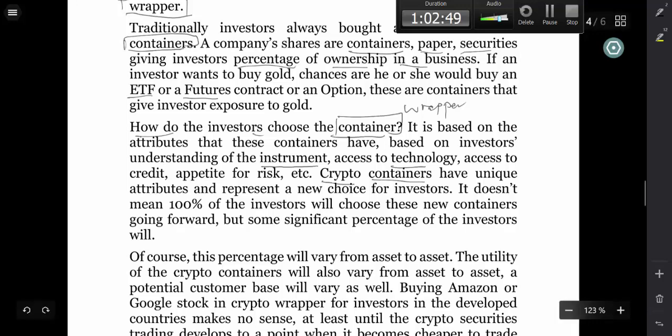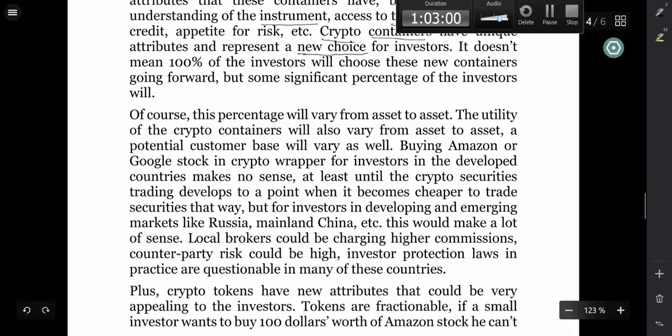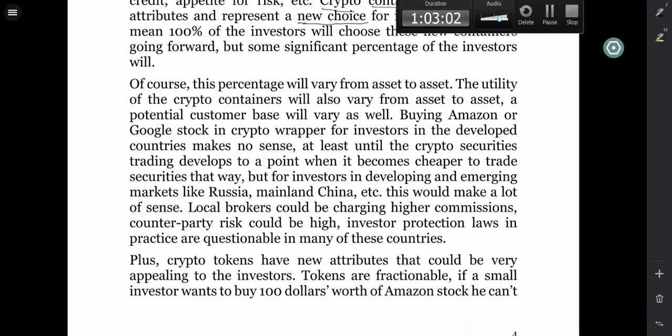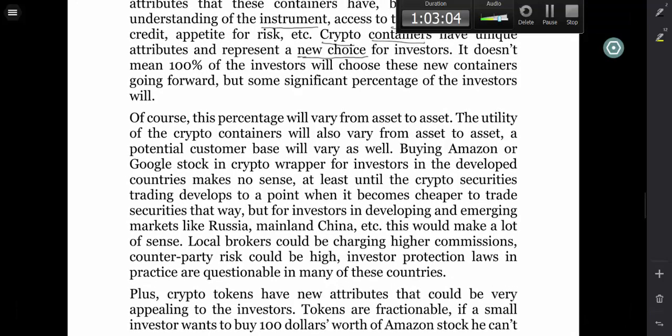Crypto wrappers or crypto containers are quite unique and are a new choice for investors. It doesn't mean everybody will choose it, but some people probably will. How many people will choose that will depend on the asset and the value of the crypto platform; it varies from one asset to the next.